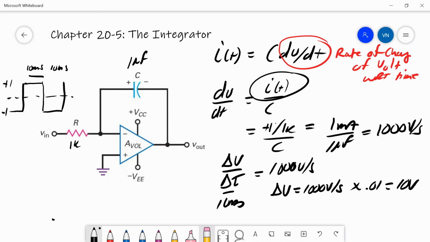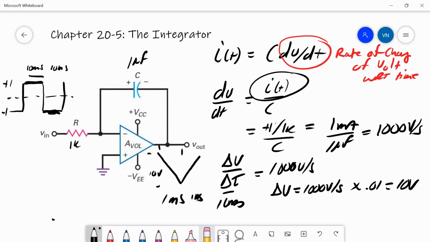So when this is high, the output would fall 10 volts in 10 milliseconds. And when the input is negative 1 volt, it would rise 10 volts.